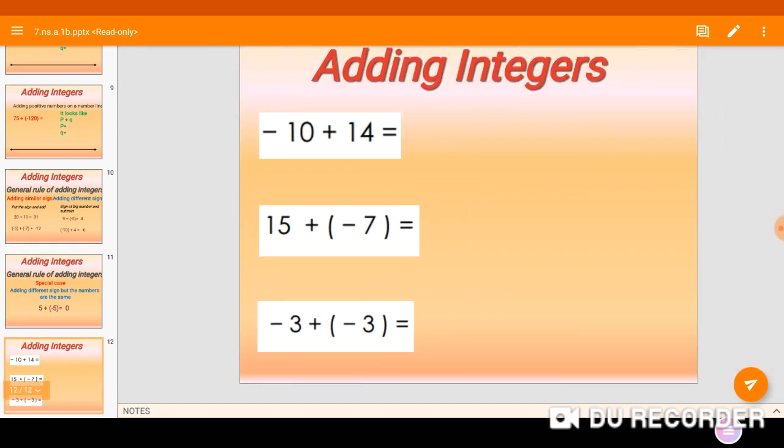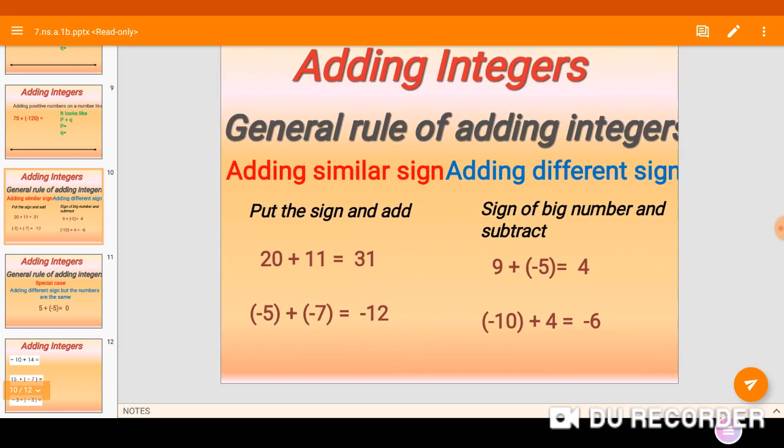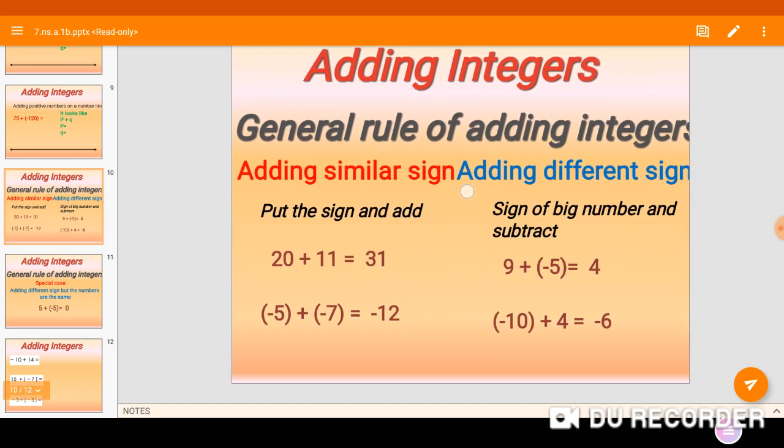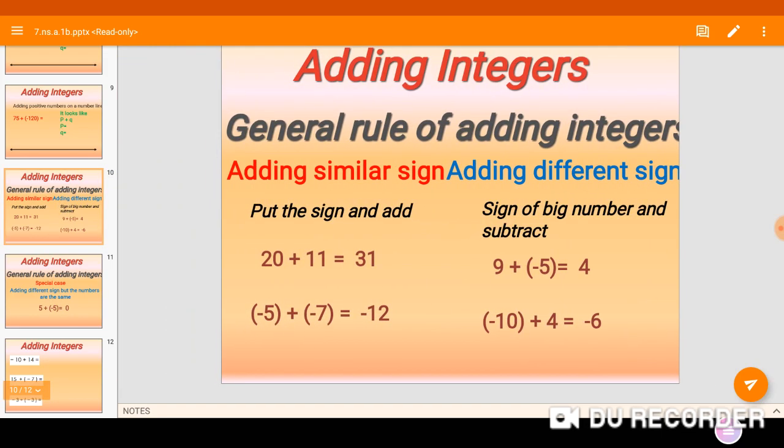Let's solve this problem together. Negative 10 plus 14. Different signs. Which rule will we use? Yes, the different sign rule: sign of big, then subtract. Let's apply it.